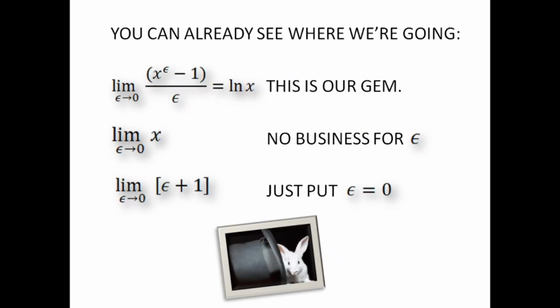You can already see where we are getting: the limit as epsilon goes to 0 of (x to the power epsilon minus 1) by epsilon is equal to ln x. That's the gem that we have derived. The limit of x as epsilon goes to 0, no business for epsilon here, so that remains x. The limit of epsilon plus 1, just put epsilon equal to 0, we have 1, that's all.